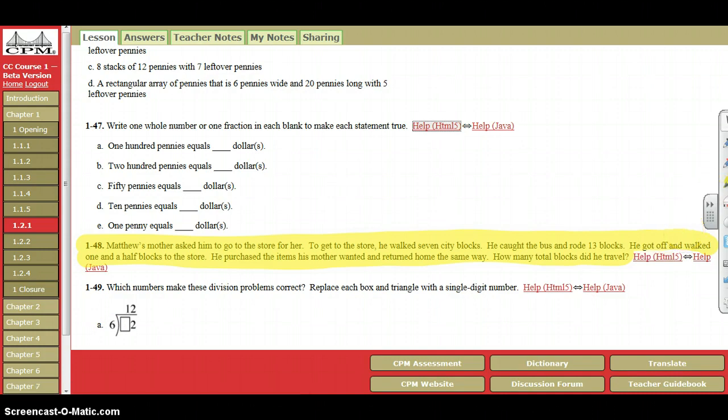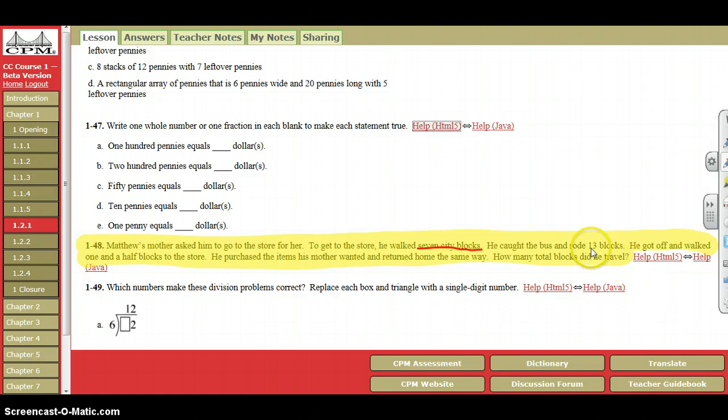One of the things you're going to want to think about is either keeping a list of where he traveled or drawing some type of a picture. For me, I'm going to try making a list, okay? So his first place that he went was the store. To get to the store, he walked 7 city blocks. That's pretty important.